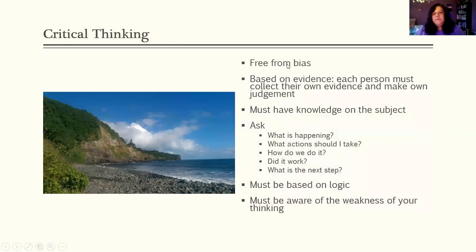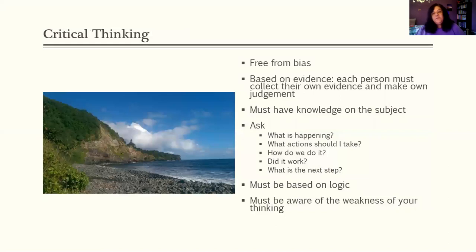Critical thinking has to be free from bias. So you can't just say your opinion or your judgment or your beliefs. It has to be based on evidence. Each person is going to collect their own evidence, free from judgment, and make their own conclusion. So you have to have knowledge on the subject.